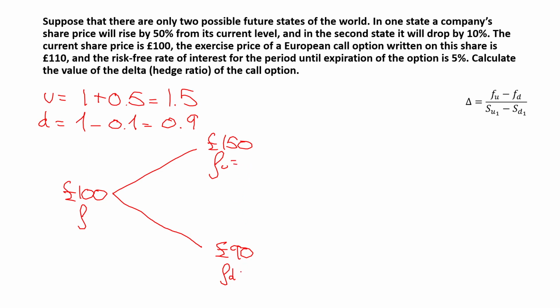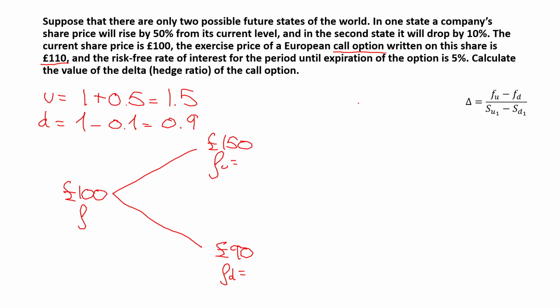Next thing is to calculate these option values. Because this is a call option, the investor is going to make money when the share price is higher than the strike price, or the exercise price, which in this case is £110. Remember, an option gives you the right, not the obligation, to exercise the option.